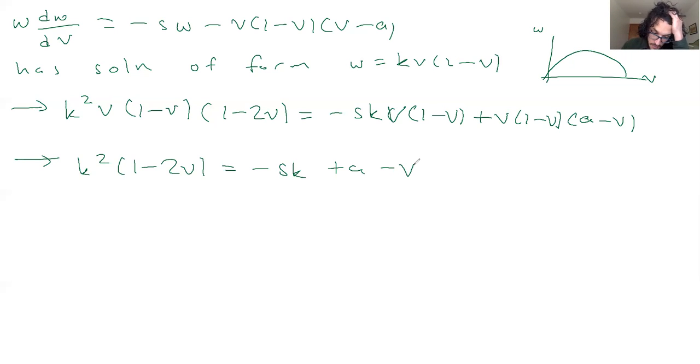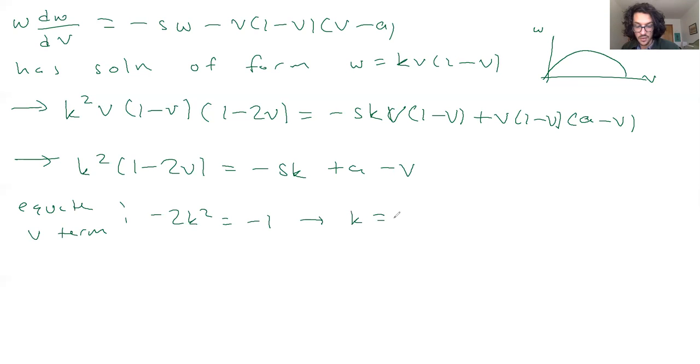So if we now simplify and equate our terms, if we equate the terms that involve v in this case, we have minus 2k squared is equal to minus 1, or in other words, k is equal to 1 over the square root of 2.